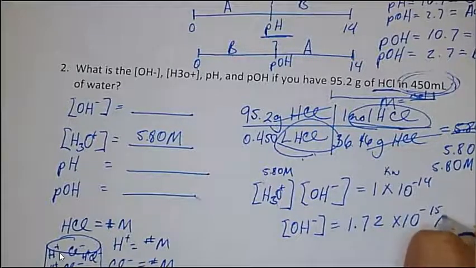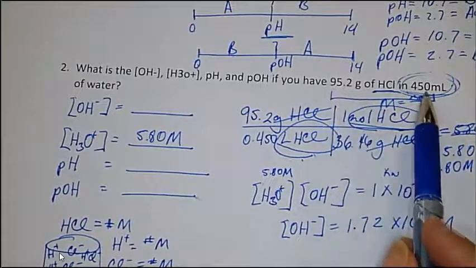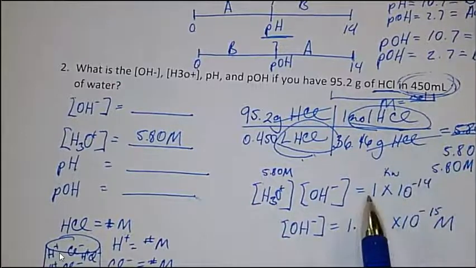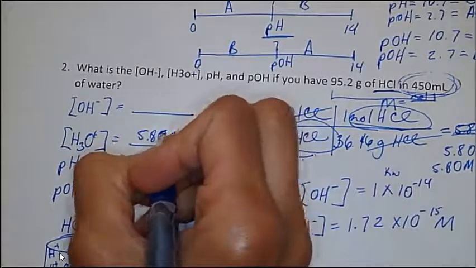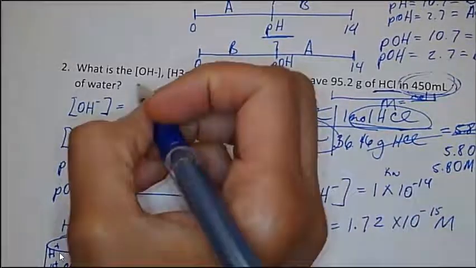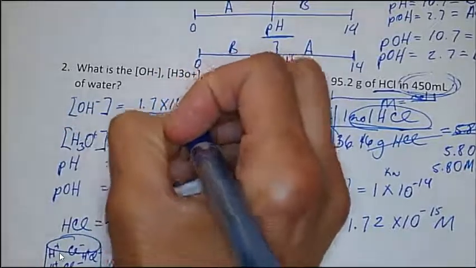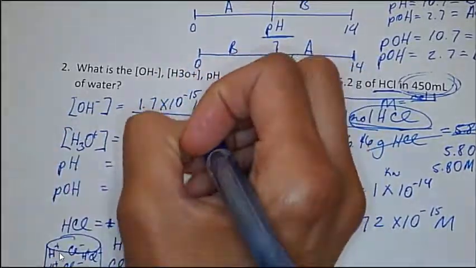And you are using the correct number of significant figures. So in this problem, since there's 3 and 2, you want to use up to 2 significant figures, so I would not need this. Okay, so this would be 1.7 times 10 to the negative 15 molarity.